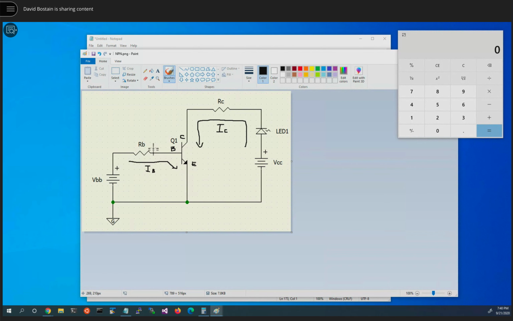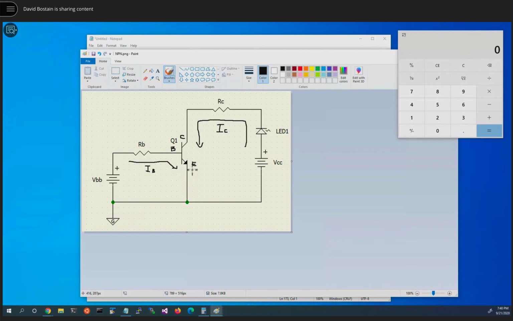If it's exactly 0.7, there'd be nothing left to drop across this resistor. So if this was, let's say, 0.8 volts or higher, then we've got enough to have a voltage drop and we would have current flowing. Our goal is to act like a switch. This is on or this is off. So if this is less than 0.7 volts, this should be off. If this is higher than 0.8 volts, then some voltage will be dropping across RB, but the base-emitter will be a diode operating with 0.7 volts dropping across it.